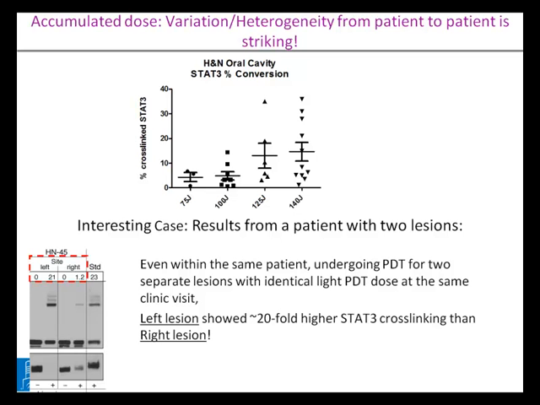PDT light dosimetry wise, I think it was okay. I don't think we had an issue. But what we see is a 20-fold difference in the STAT3 cross-linking. This lesion has a leukoplakia, a whitish area, so it's kind of a shielding. That may be one of the reasons, but we don't know the reason yet.